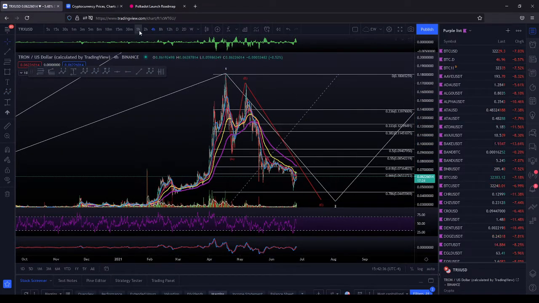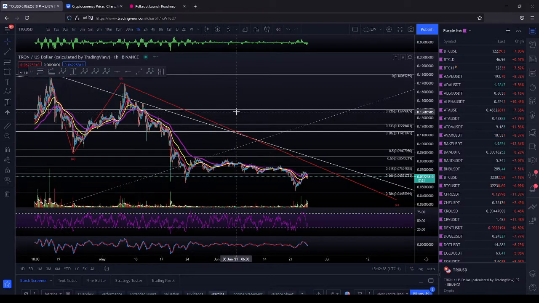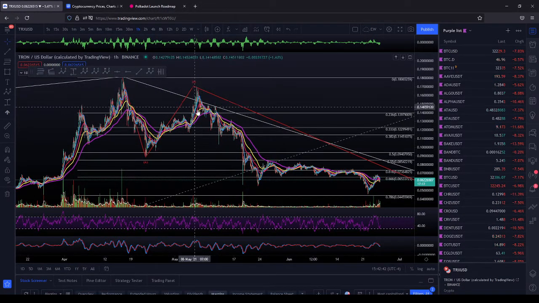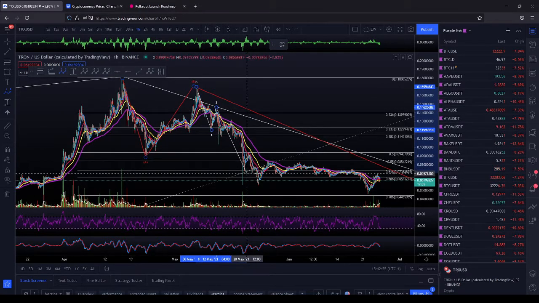Now we zoom in again, find the subwaves. 1, A, B, C. Still counts as here though. 3, 4.